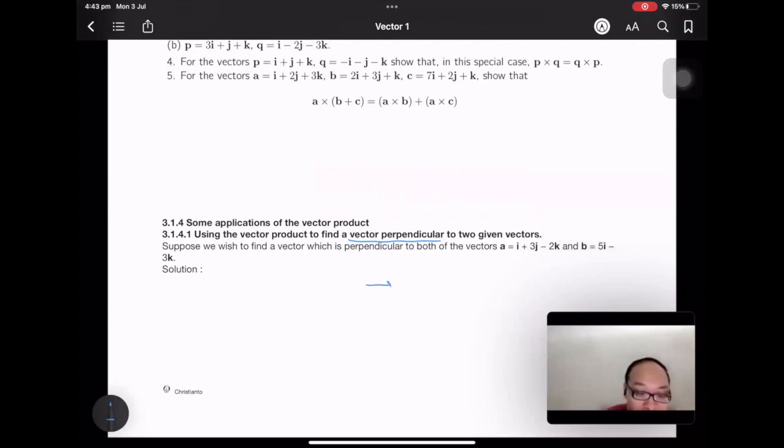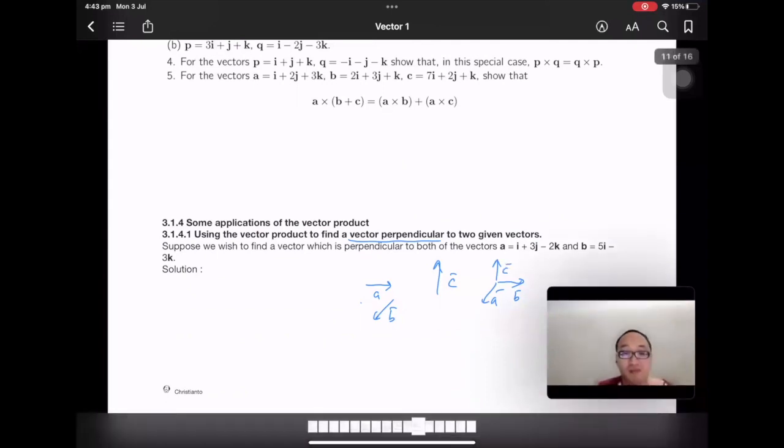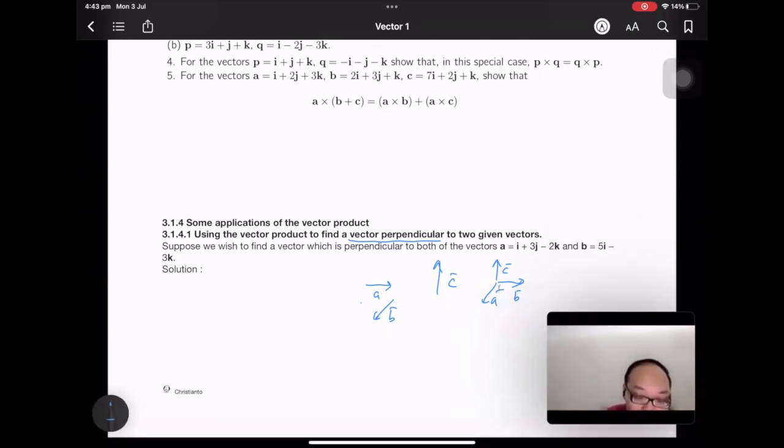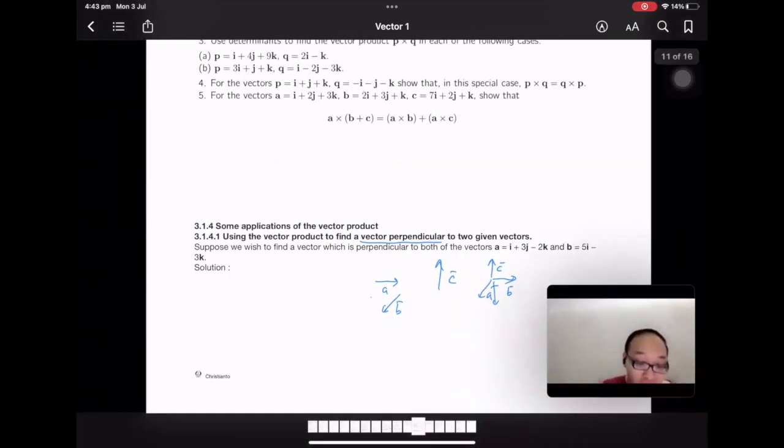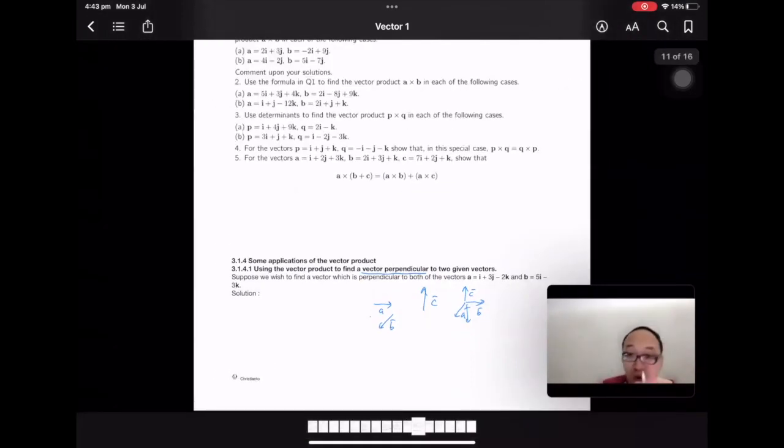If we have vector A, and then we cross it with vector B, we will have another vector C that is perpendicular to both A and B. The direction can be upwards or downwards, yeah? It depends on A cross B or B cross A. But they are perpendicular to both A and B.